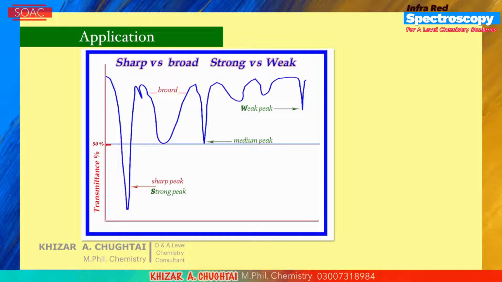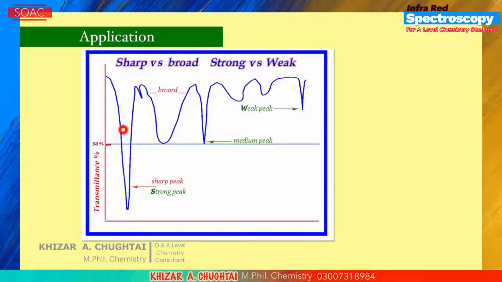The next thing is sharp versus broad. Have a look at this peak, which has a wider upper portion than its lower portion. This peak is said to be a broad peak.